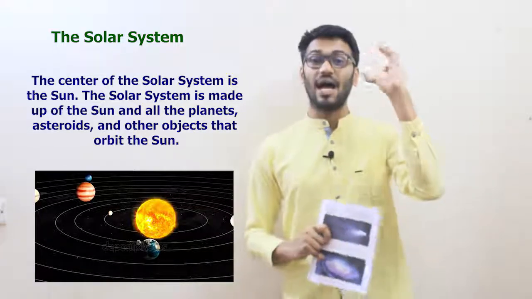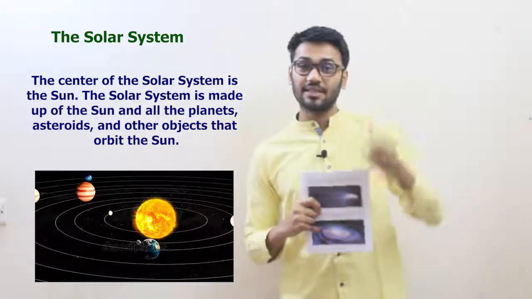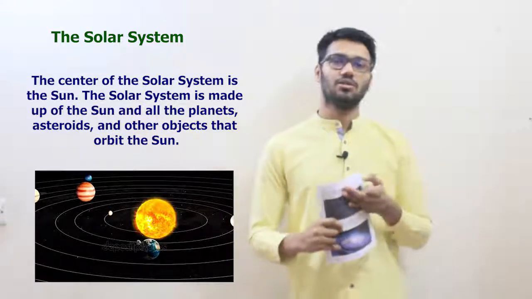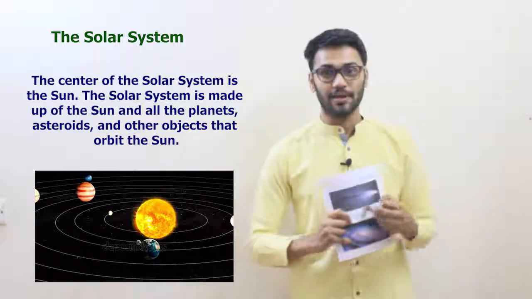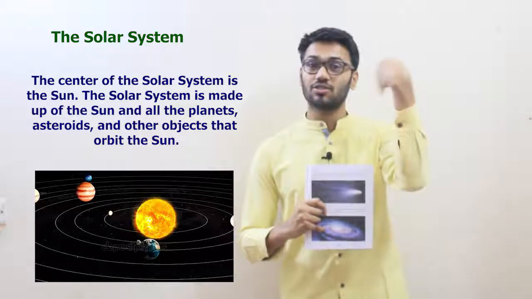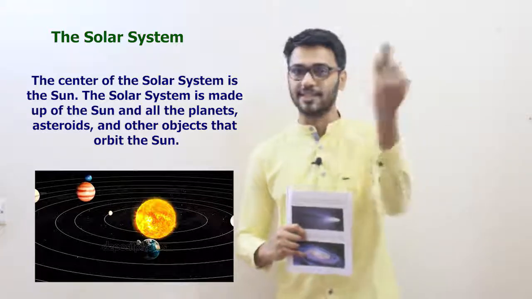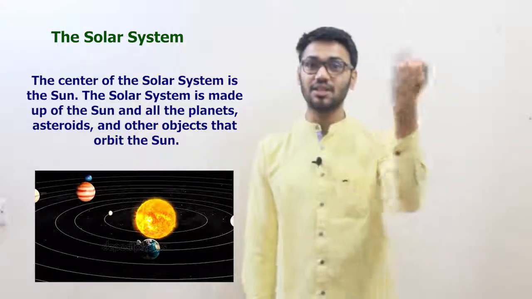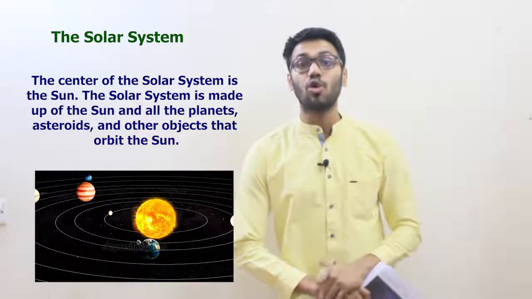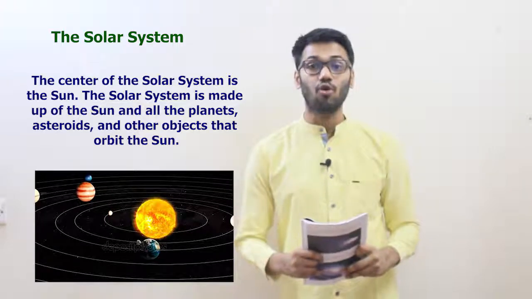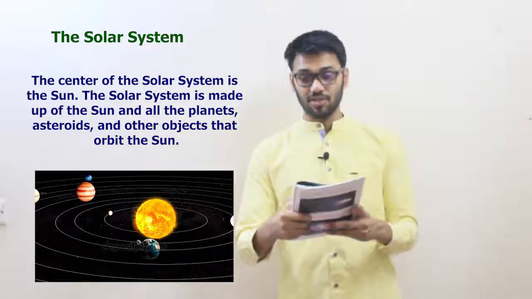Then we have asteroids and other things like comets. We'll be discussing these things later. When the sun is the center, the rest of the planets are orbiting. What is it? Orbiting. When something is revolving around something, it is called orbiting. So, orbit.